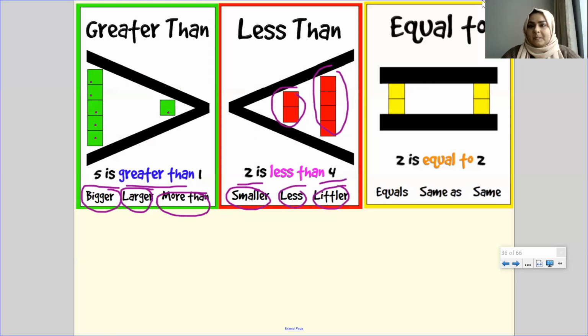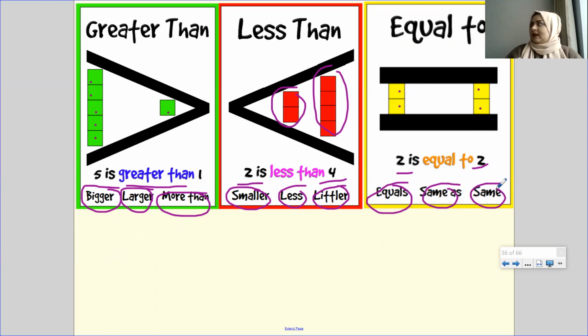Okay. Now this sign here means equals to. So if you look here, it says 2 is equals to 2. So 2 is the same as 2. And the other words related to equal to are equals, same as, and same.